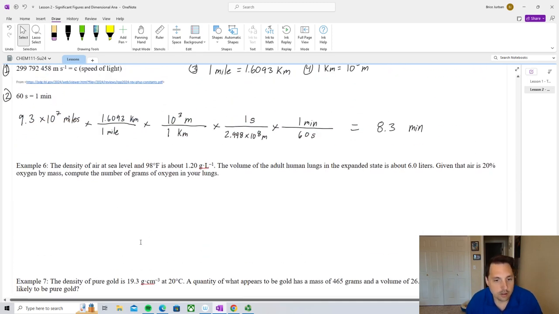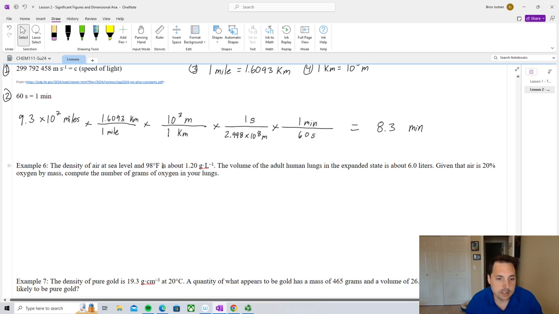These are getting to be slightly more difficult, and chapter 1 goes into a lot of these. So the density of air at sea level is typically given in grams per liter because the densities of gases are very small compared to densities of solids and liquids.